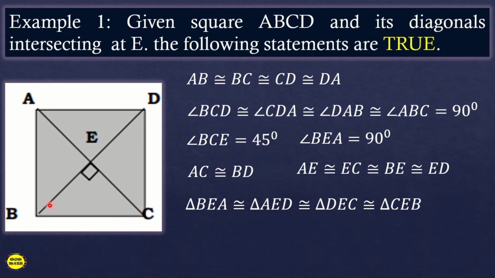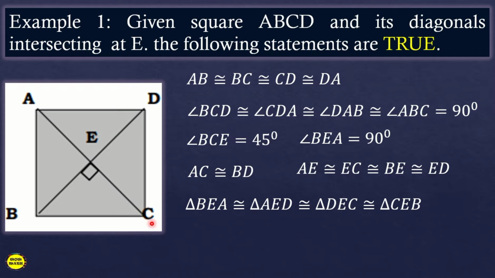Okay? Next is the triangle BEA. Itong triangle na to is congruent kay triangle AED, and also congruent kay triangle DEC, and also congruent kay triangle CEB.